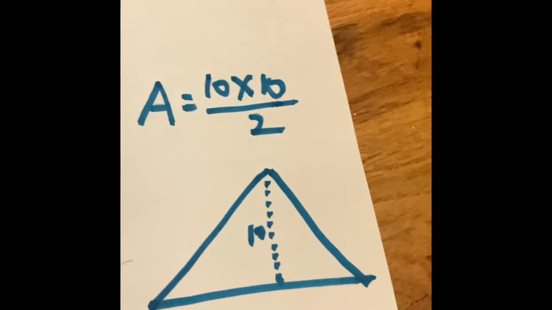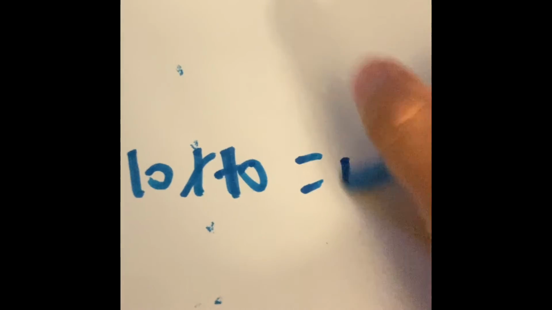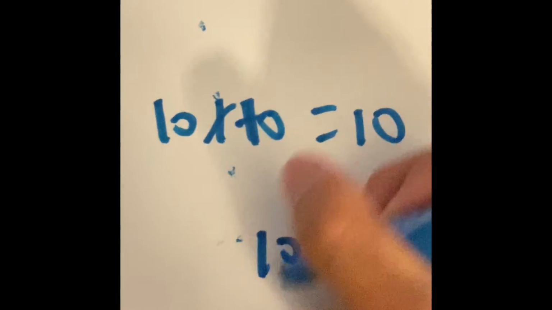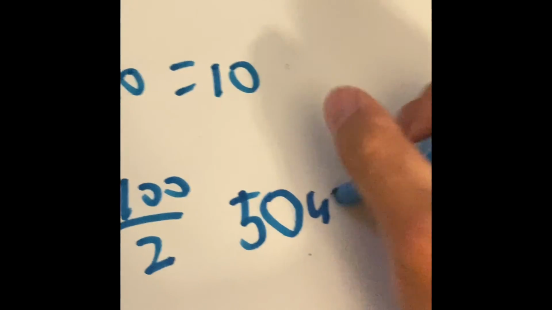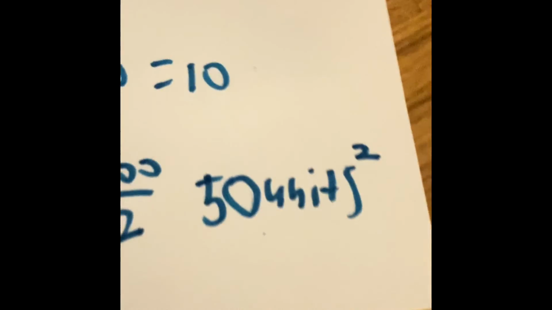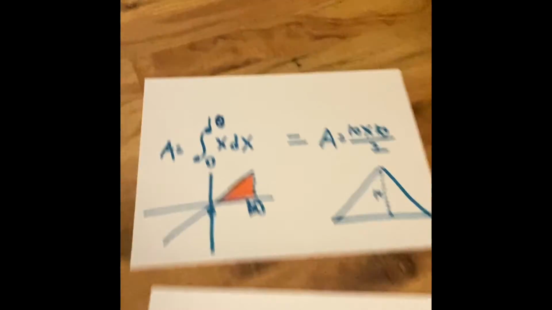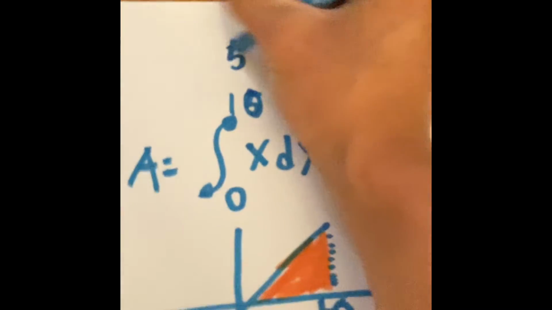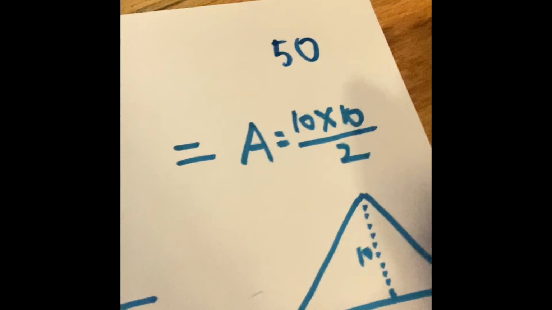Well, doing this formula, we have 10 times 10, that'll bring us to 100. 100 divided by 2 is 50 units squared. The reason we say squared in the first place is because they're 2D shapes. And guess what happened? We got 50 for this one inside here, and 50 for this one inside here.